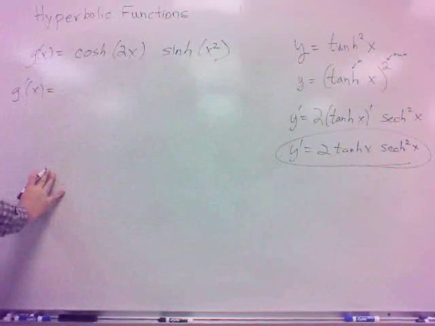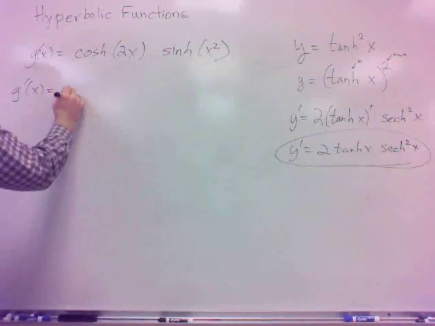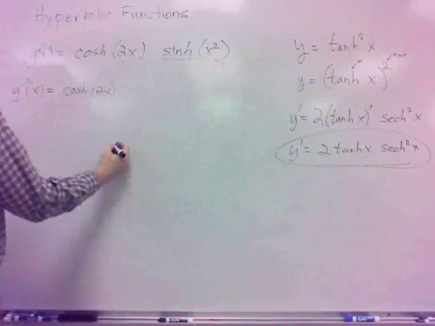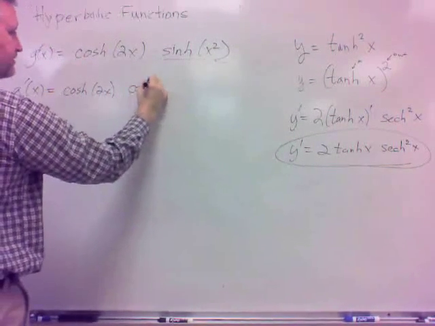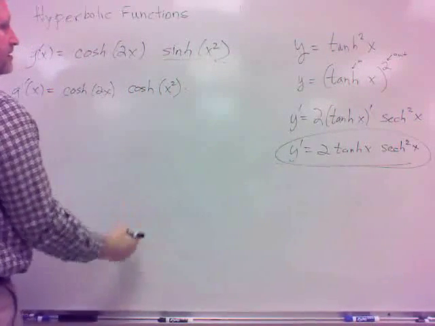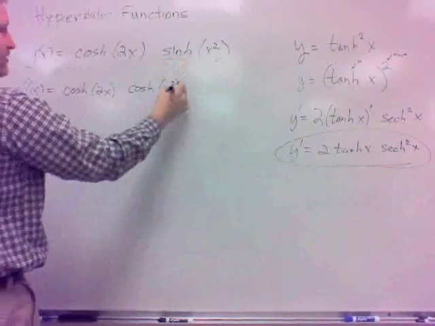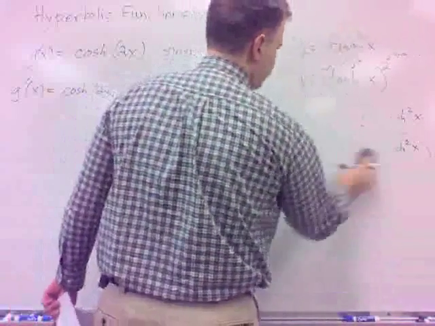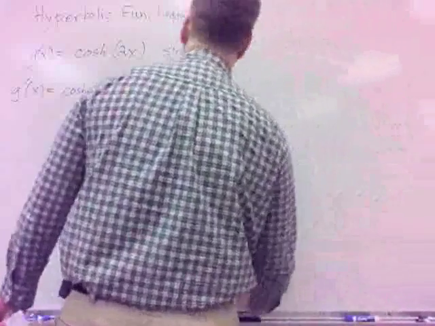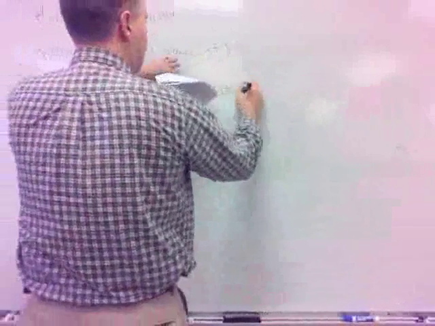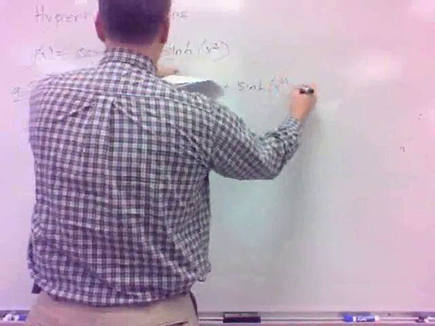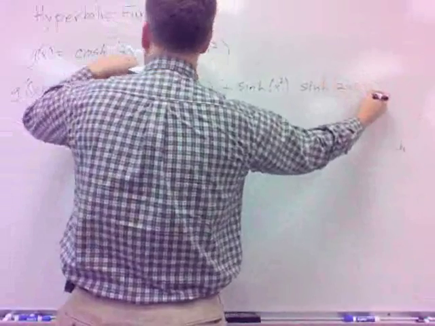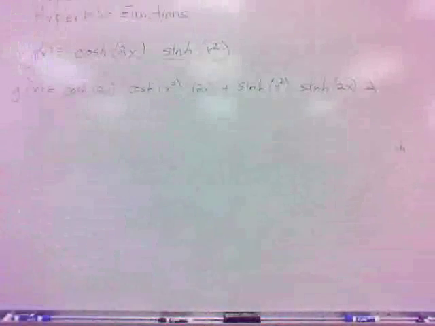First on second. Use the old product rule there. So it would be the first, the cosh, times the derivative of the second. The derivative of sinh is cosh. But it's sinh x squared, so I do have to multiply by the derivative of the inside too, so it'd be 2x multiplied by that. Then I reverse it, do the second one, sinh of x squared, times the derivative of the first. The derivative of cosh is sinh, so I'd have sinh of 2x, then times the derivative of the inside, which is 2, so it'd be that right there.